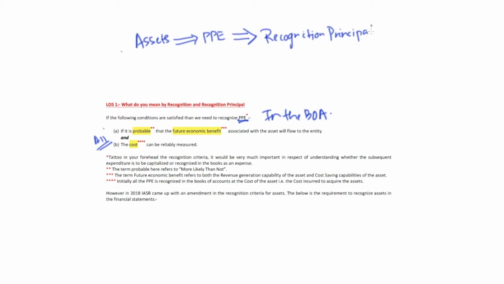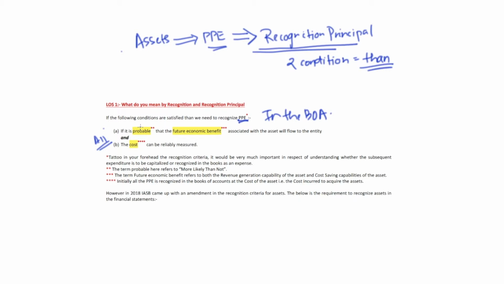When do we need to recognize this property in the books of accounts? If these two conditions are satisfied, then we need to recognize the transaction as PP&E. The first is if it is probable that the future economic benefit associated with the asset will flow to the entity and the cost can be reliably measured.